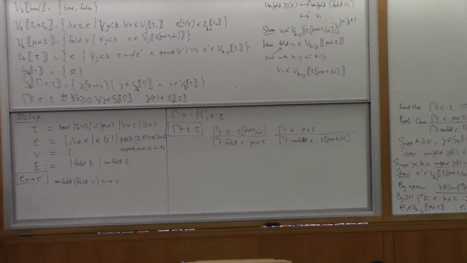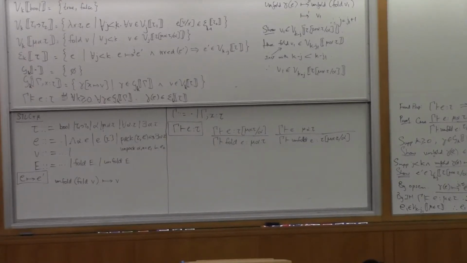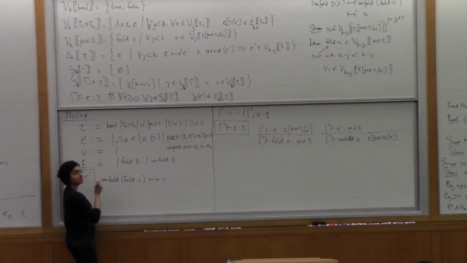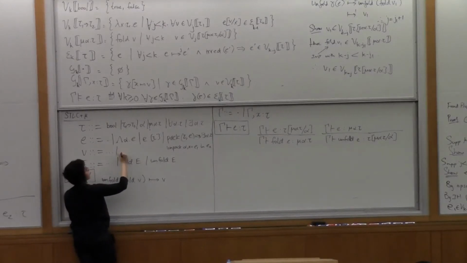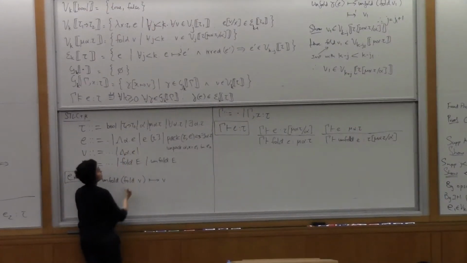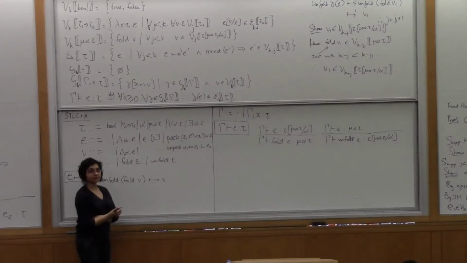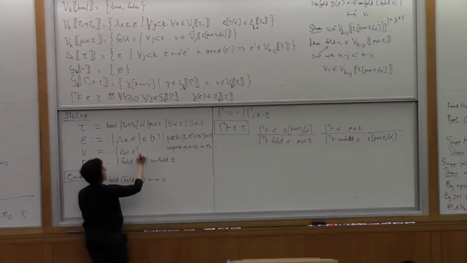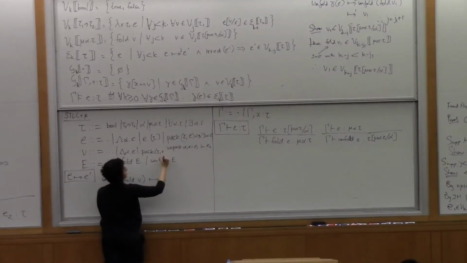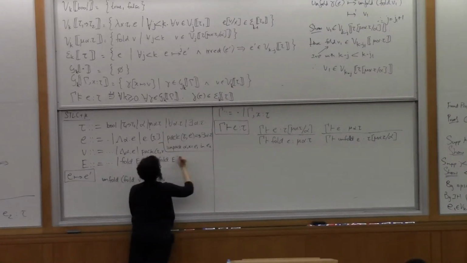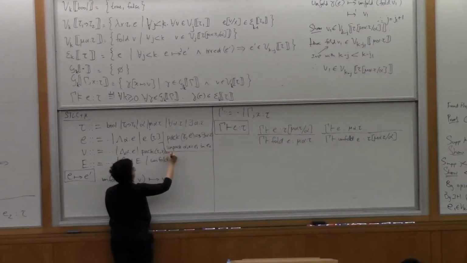What are the value forms that we want to add? So it's a call by value language, standard thing. Value form for universal types? It's just like lambda, right? So type abstraction, lambda alpha E. Value form for existential types? Pack tau v, sorry, as exists alpha tau.